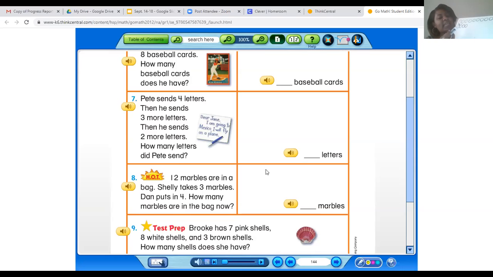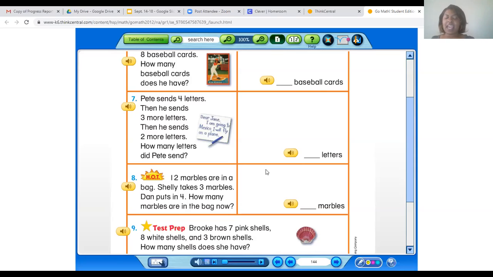All right, so let's count how many marbles are in the bag now. 1, 2, 3, 4, 5, 6, 7, 8, 9, 10, 11, 12, 13 marbles. So we did that hot problem together. We had to do a little bit of addition and subtraction.